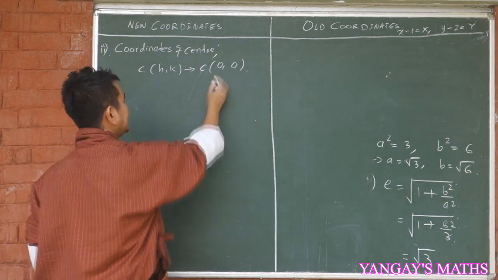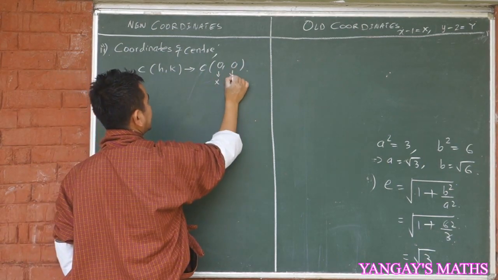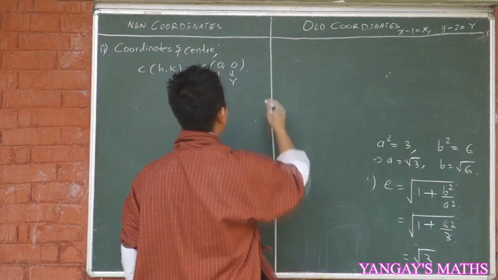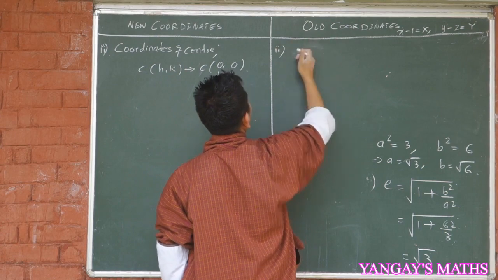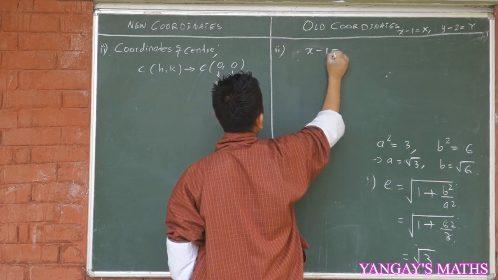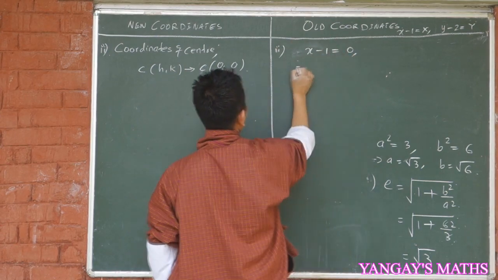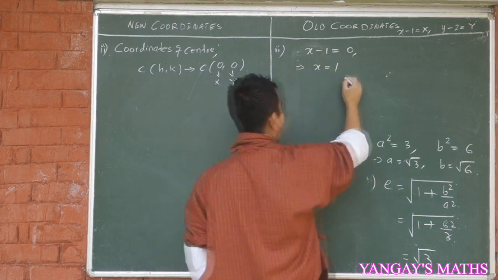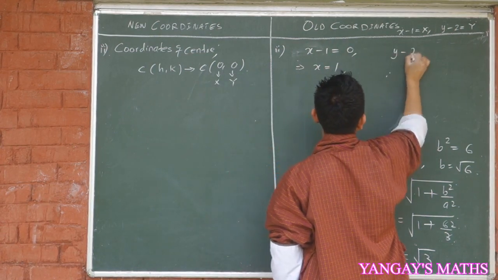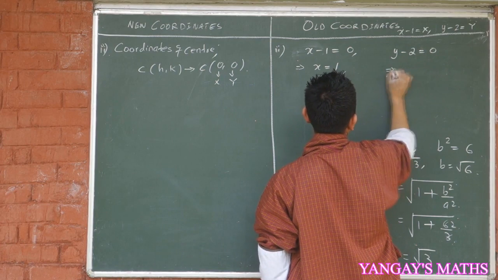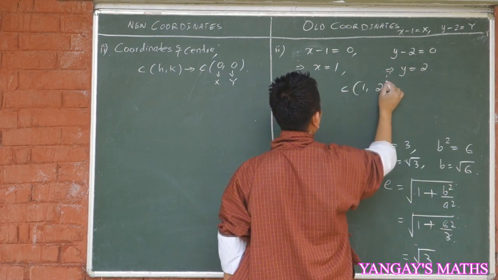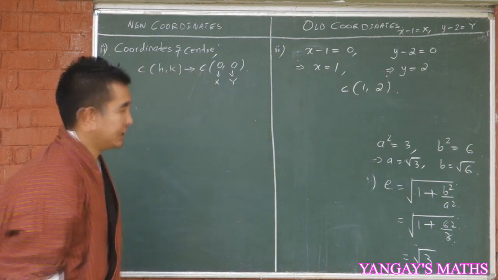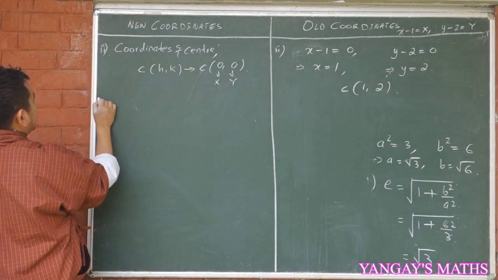This becomes the capital X value and this becomes the capital Y value. Directly substitute: x minus 1 is equal to 0 implies x is equivalent to 1, and y minus 2 is equal to 0 implies y is equal to 2. What's the center? 1 comma 2. This becomes the center. Next one, number 3.